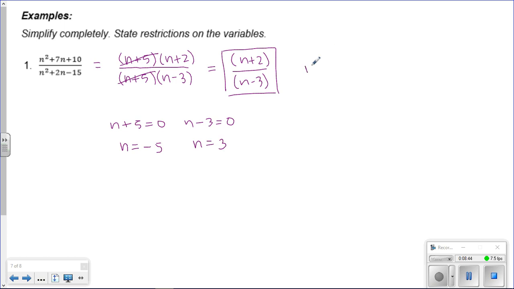So n cannot equal negative 5 or 3. So when you get to these on some practice problems, just make sure that you answer both parts. You simplify and then you figure out what it cannot be. And just because you crossed it out, you still have to account for that in your domain because if you don't, then you're going to get the problem wrong.